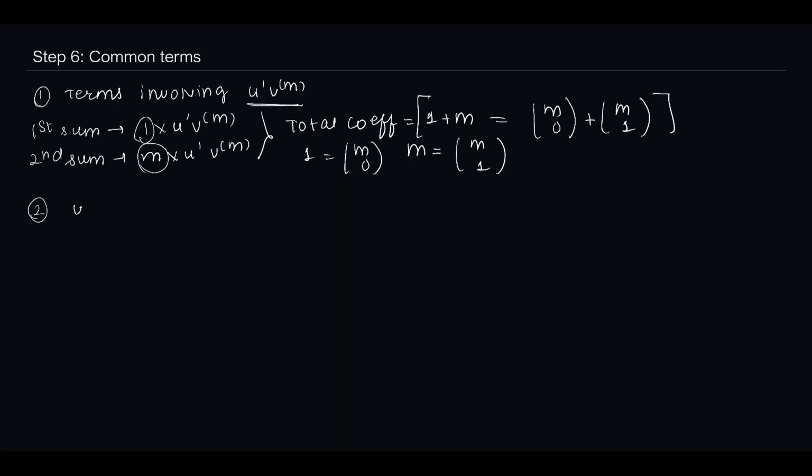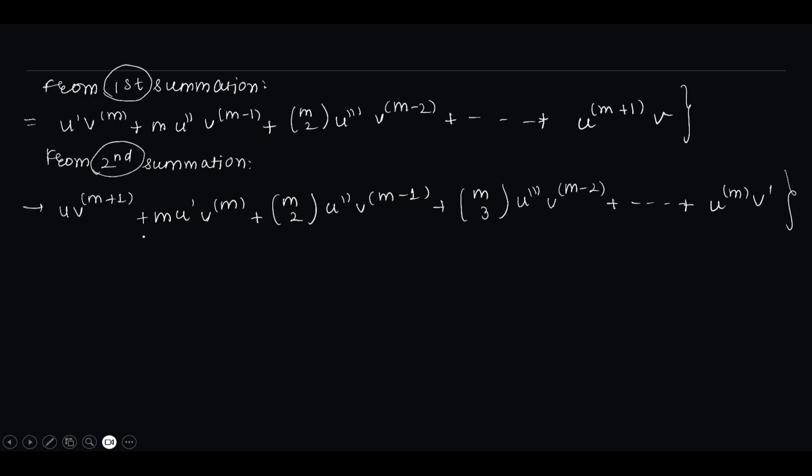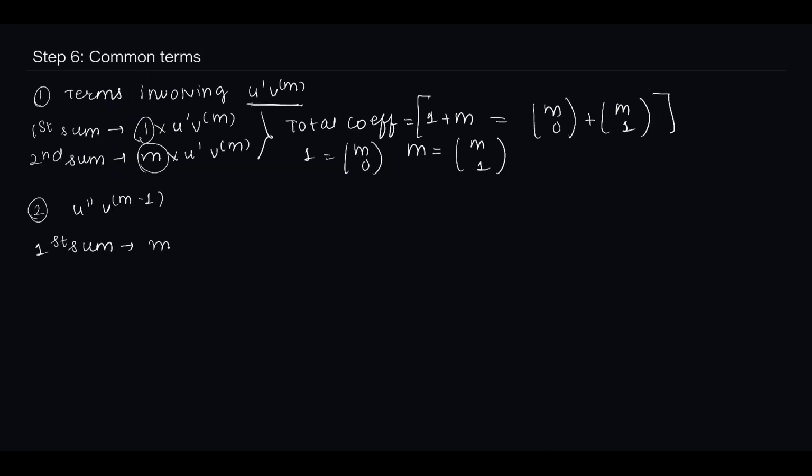Next term, which is u double prime v^(m-1). From again the first sum, we get u double prime v^(m-1). So from the first sum we get m times u double prime v^(m-1), and from the second sum it is m choose 2 times u double prime v^(m-1).